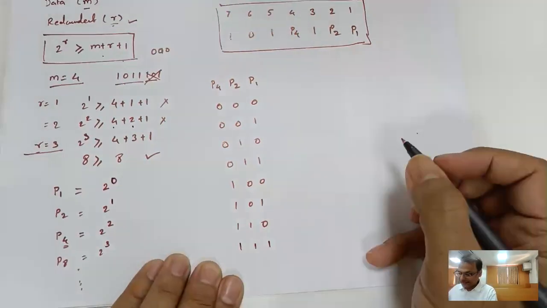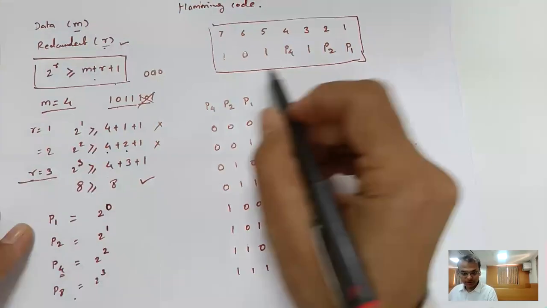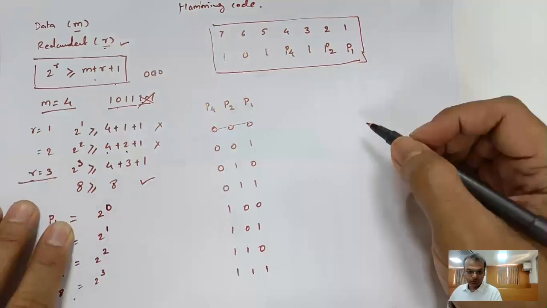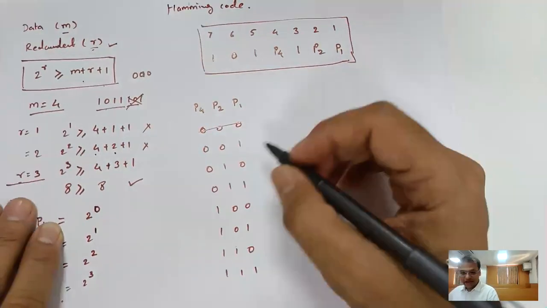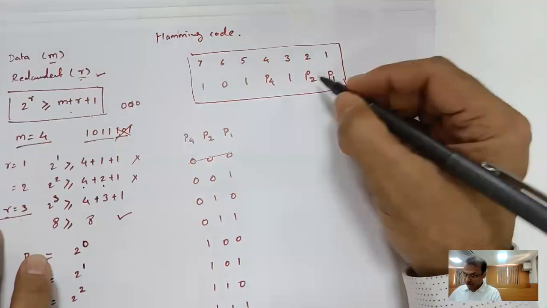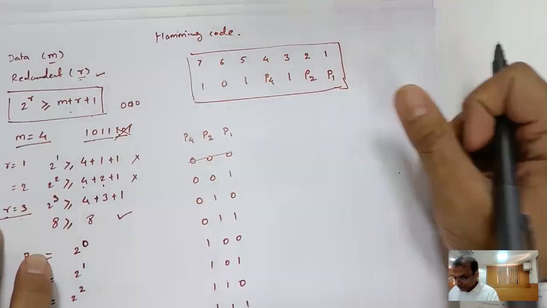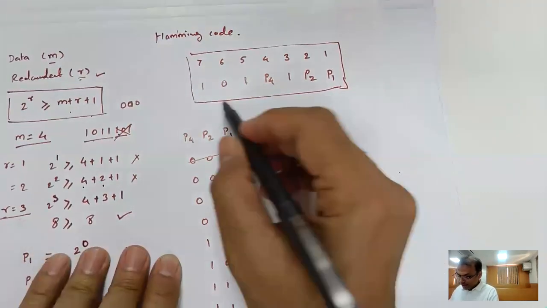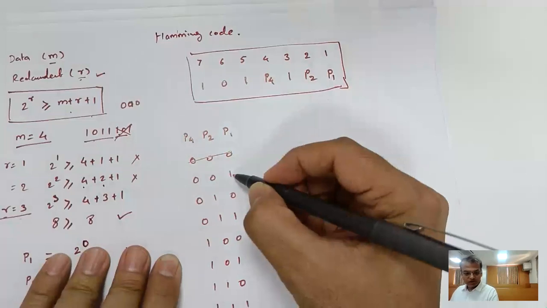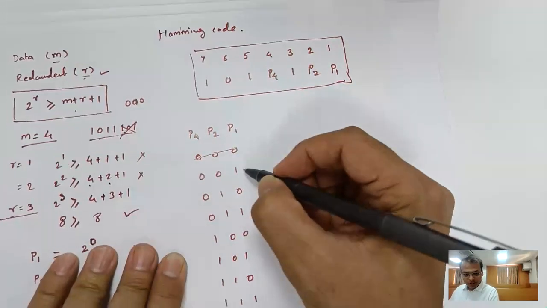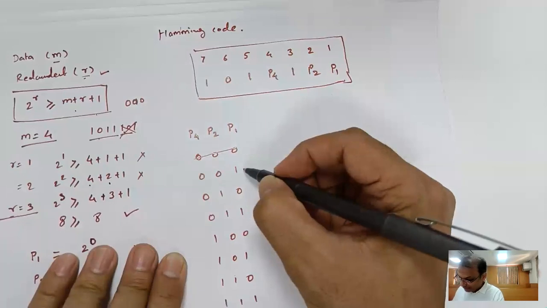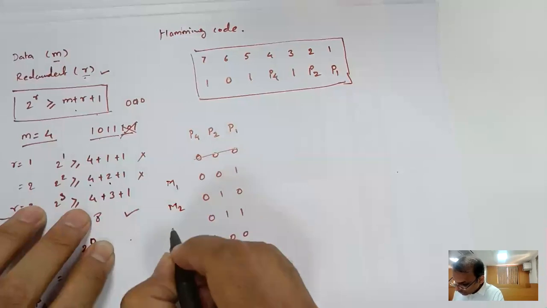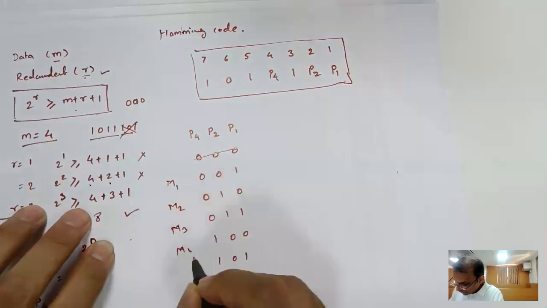So these are the 7 positions here, right? Forget about the first, because these are all zeros. Let's start with actual values. 0 is not there in our group. Now, which are the positions where P1 is 1? We'll name these positions as M1, M2, M3, M4, and so on.